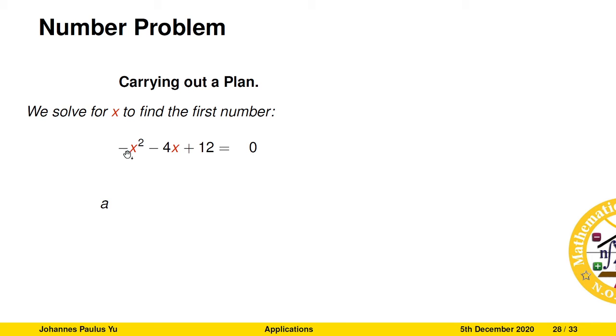And we determine the value of a, b, and c respectively. A is negative 1, b is negative 4, c is positive 12. And then we multiply the value of a and c. That is a times c, which is equal to negative 1 times 12, which is still equal to negative 12.